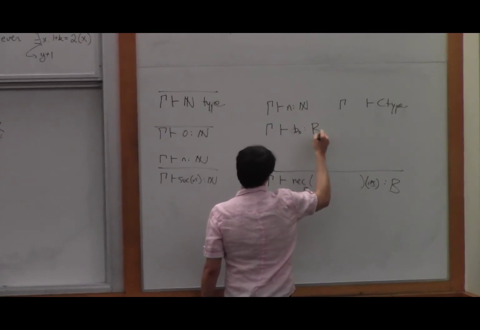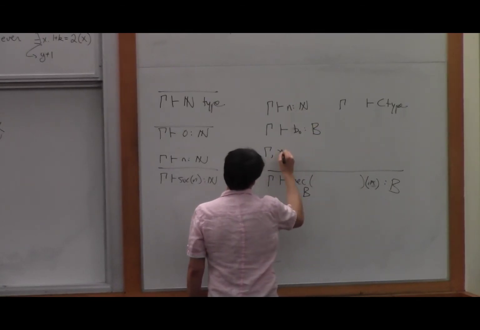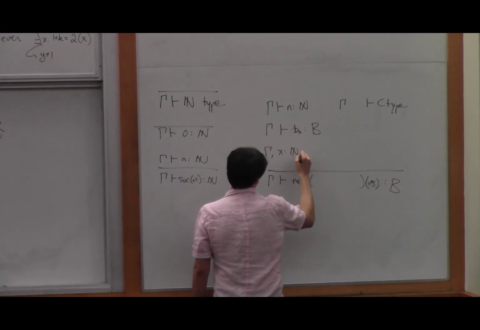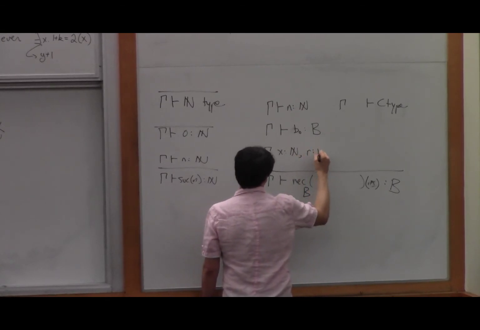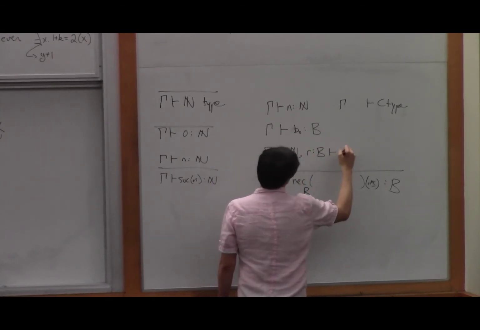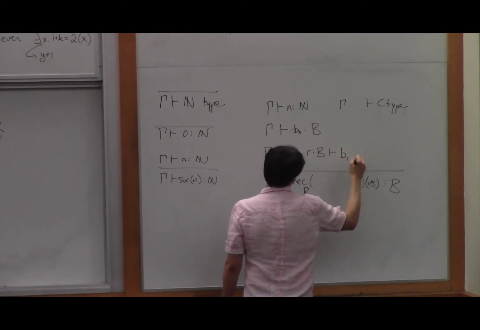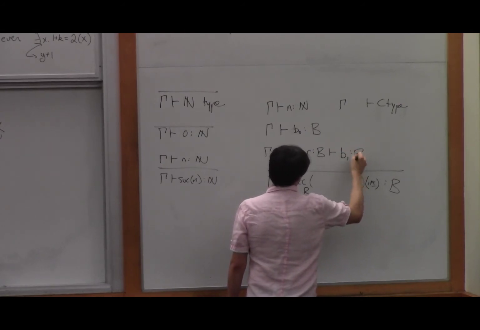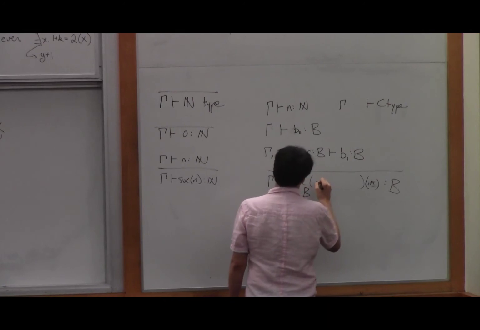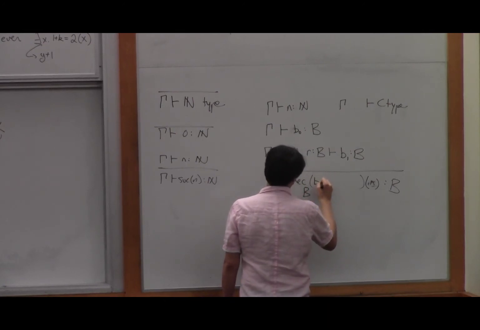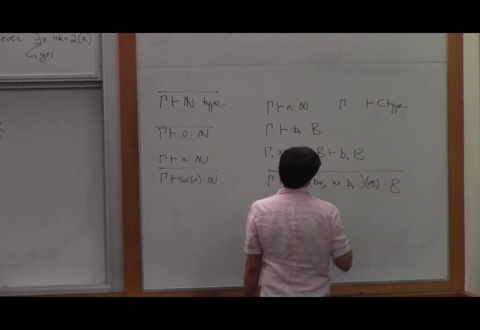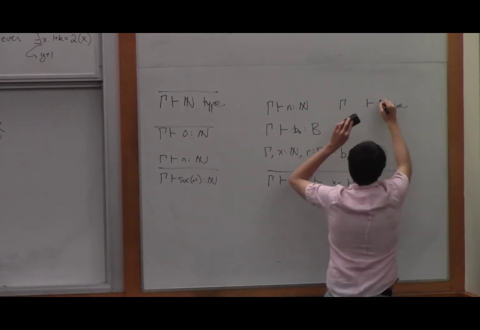I have a branch 0, which is a B, and I have a, for every x in nat, for every r in B, branch 1 is a B, and then based on all of that, the rec of B0 and x r dot B1, I get a B.